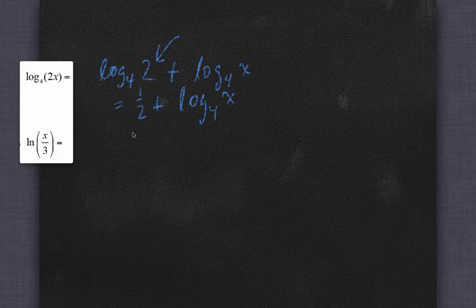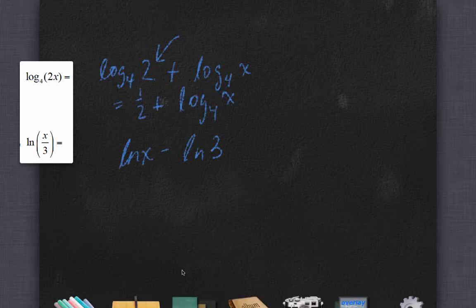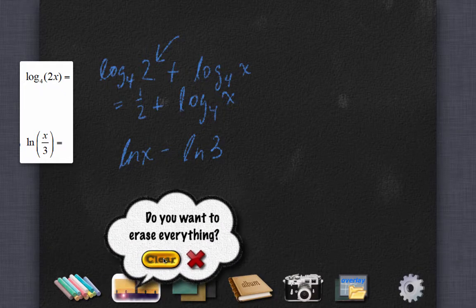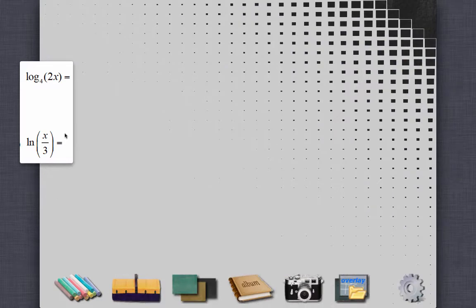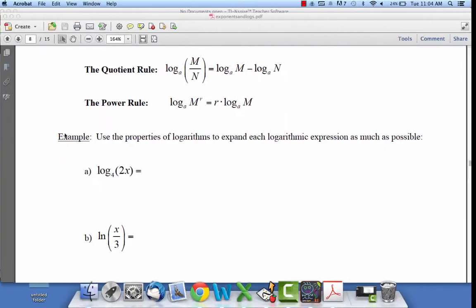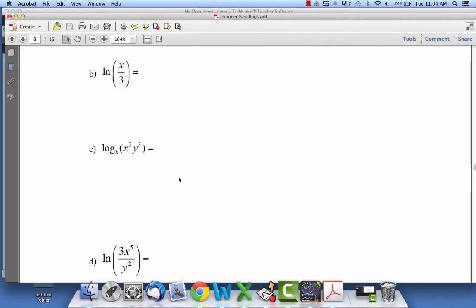So this one I would simplify like that. This one, because that's a quotient, and quotient subtract. This is a number, but there's no better way to write this number than natural log 3, so we'll just leave that one. Again, you can try these first, pause, and then come back and see.